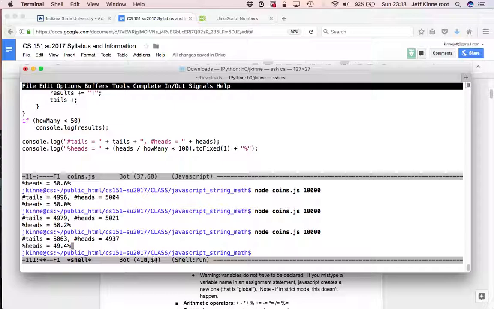I run that, and the furthest away that has been was 0.6 away. If I just keep going more, eventually it'll start to take a little bit of time. 1 million. So that's just 0.1% away from 50%. Which is kind of cool.